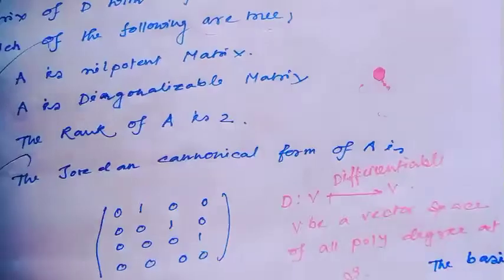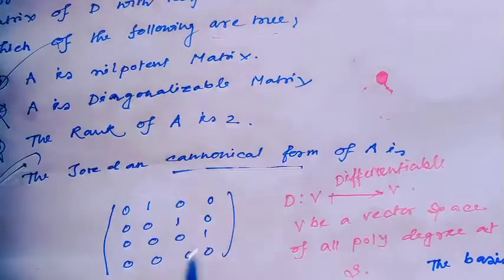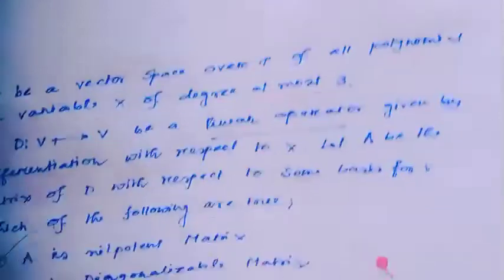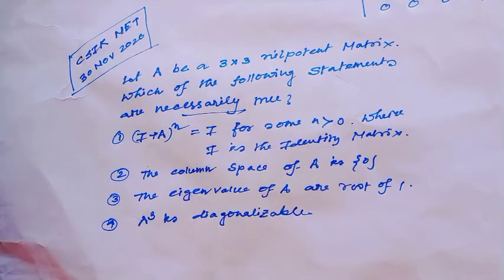Okay, that means obviously option 4 is the right option. The Jordan canonical form of this differential operator would be such type. Are you getting?